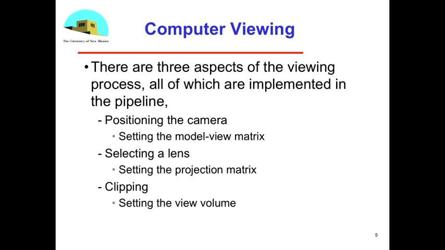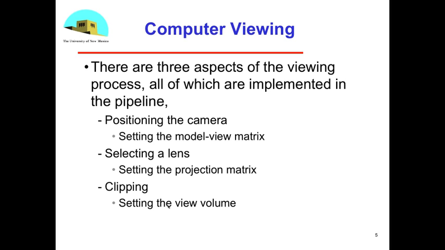In some ways, these 2 operations are really both implicitly within the projection matrix, because when you select the lens for the camera, you really are determining how much you see. If you have a very long telephoto lens on a camera, you can't see things except in this very narrow range coming out from the camera. So in a sense, you're defining some clipping.